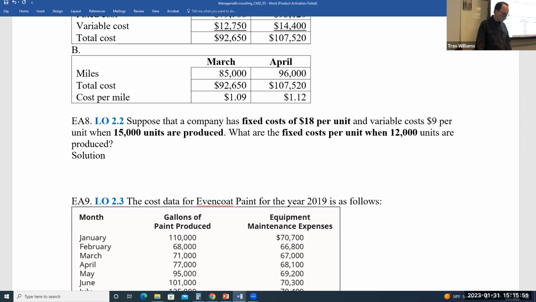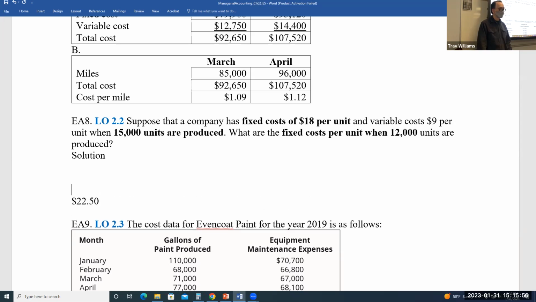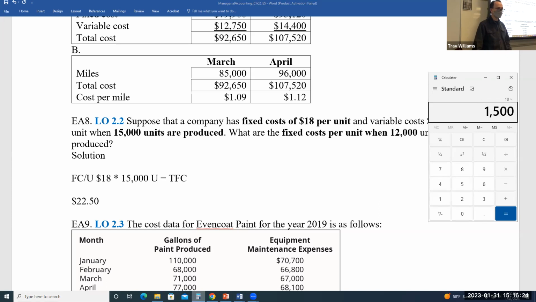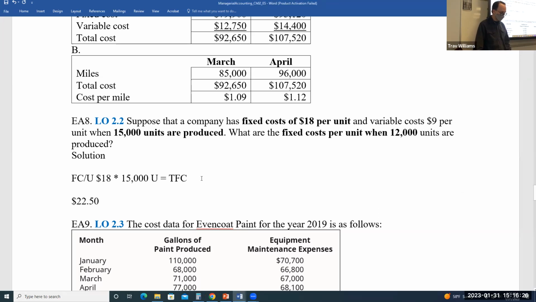So would you like me to write that out as a formula? Would that be helpful? Okay. So what we did is we took our fixed cost per unit of $18 and we multiplied that by 15,000 units to get our total fixed costs of, what was it, $270,000, right?